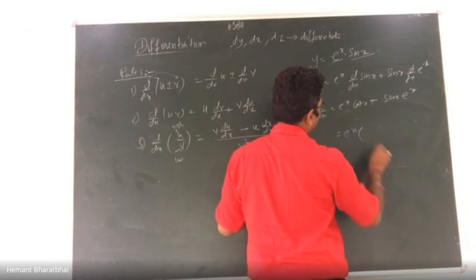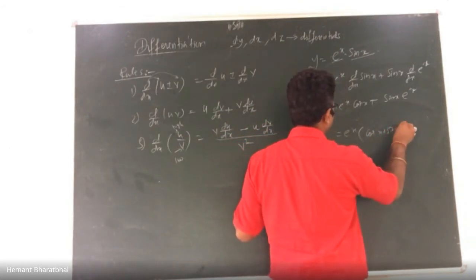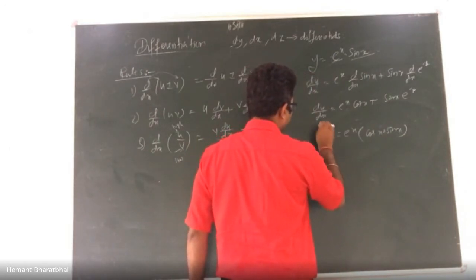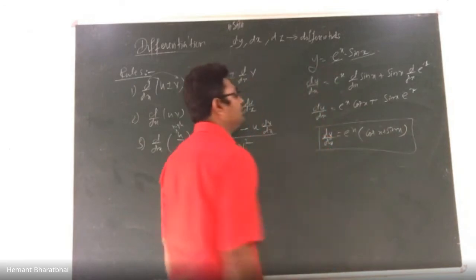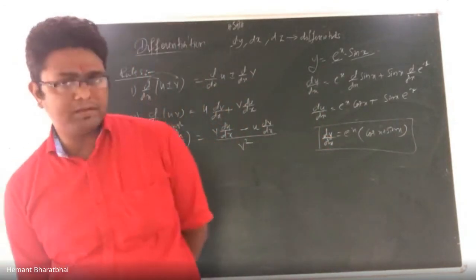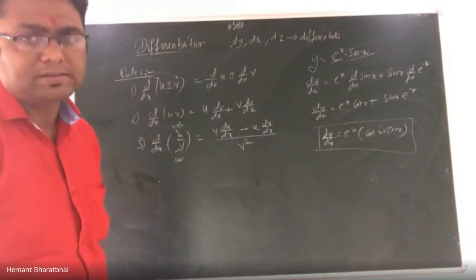I take e raised to x common, so I get cos x plus sin x. Therefore, the derivative of e raised to x sin x is nothing but e raised to x into (cos x plus sin x).